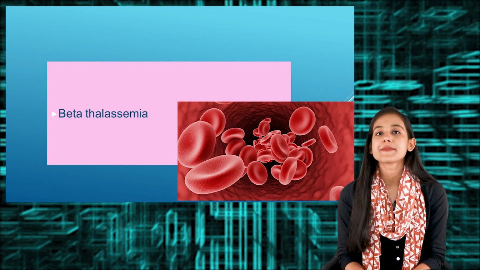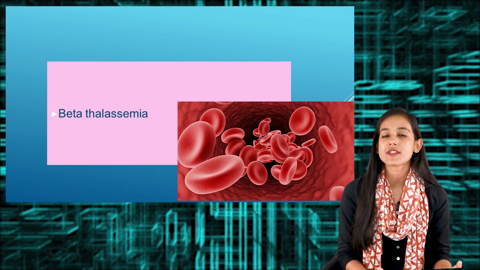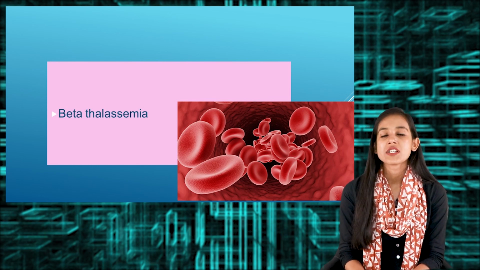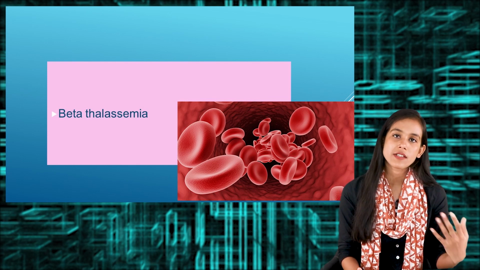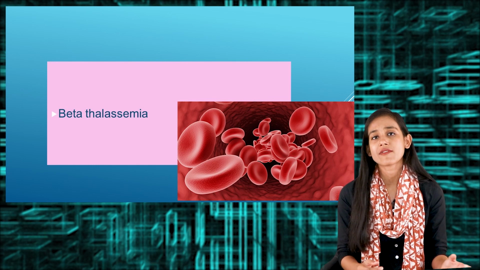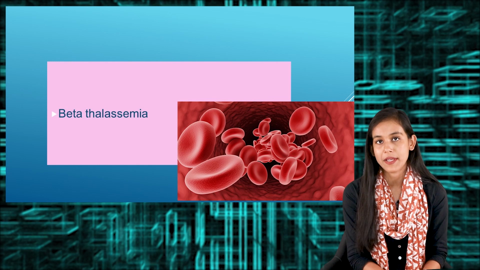And the next type is beta thalassemia. So beta thalassemia happens due to deficiency of beta globin chains of hemoglobin. So here, as we discussed about alpha thalassemia, and we learned that if there is deficiency of alpha globin chain, we call it alpha thalassemia.